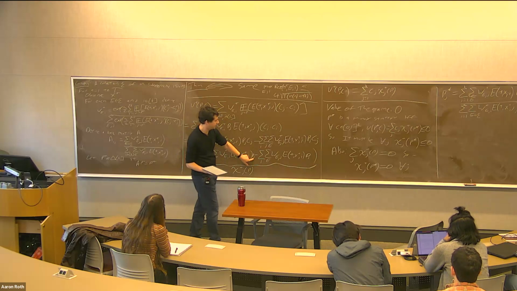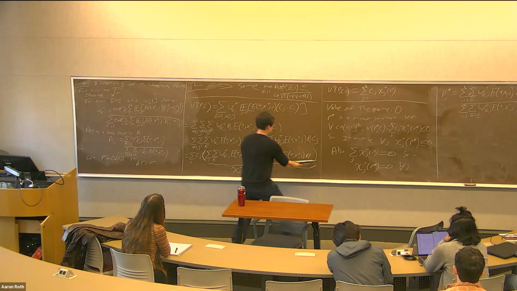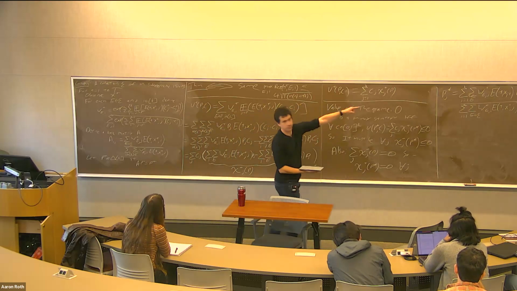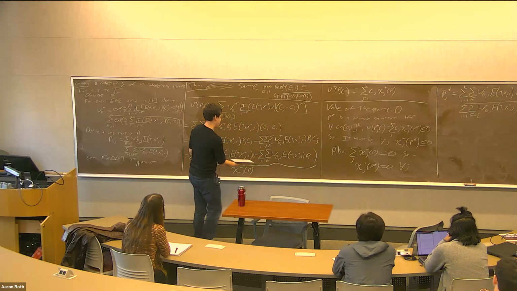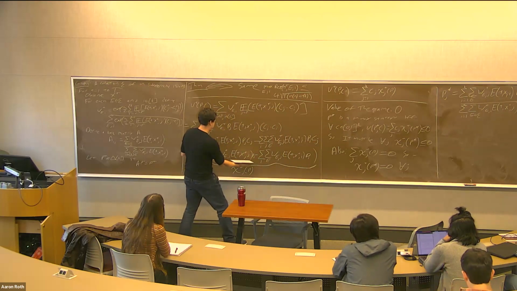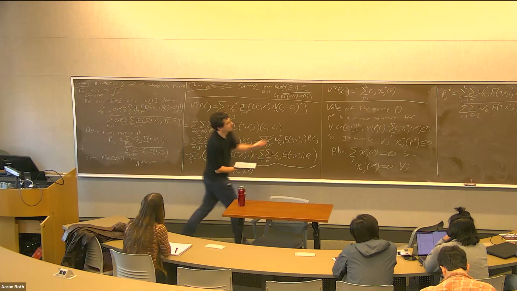So how do I do that? I bring this expression to the right-hand side by adding it. That's the numerator. And then I isolate pj by dividing by the thing that is multiplying it, which is the denominator.